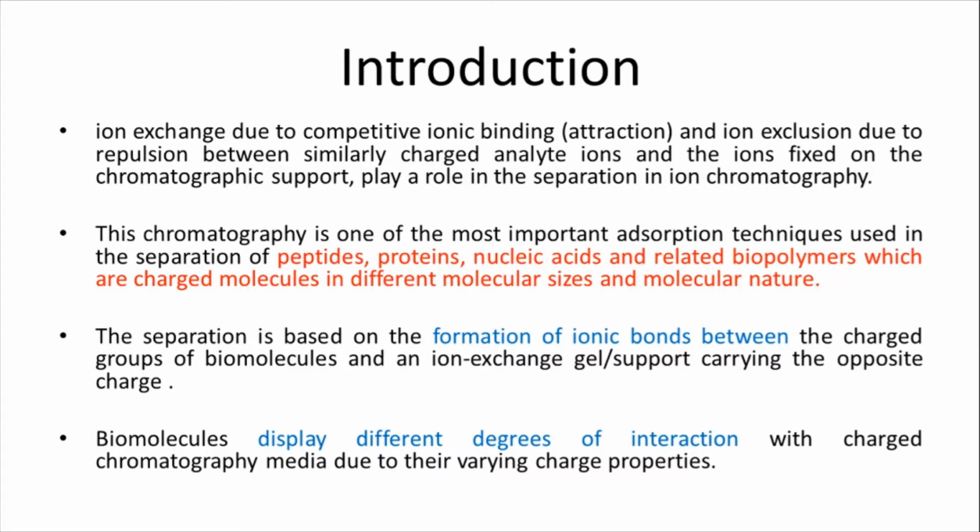The stationary phase contains some ion clouds. If you are using an anionic stationary phase, the anionic clouds are there in the column. Similarly, if you are using a cation stationary phase, it is called cationic clouds in the column.